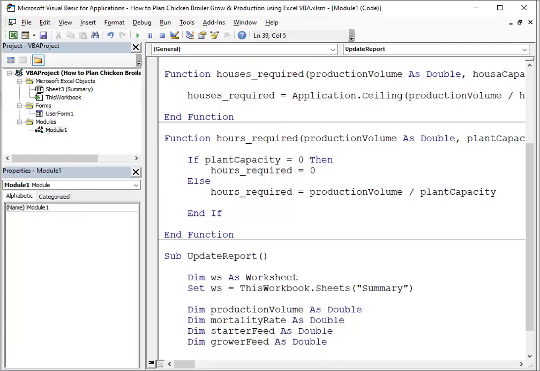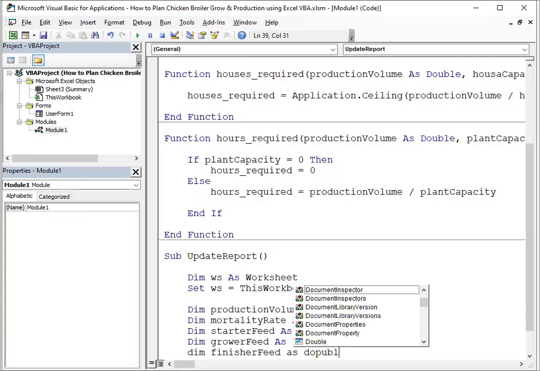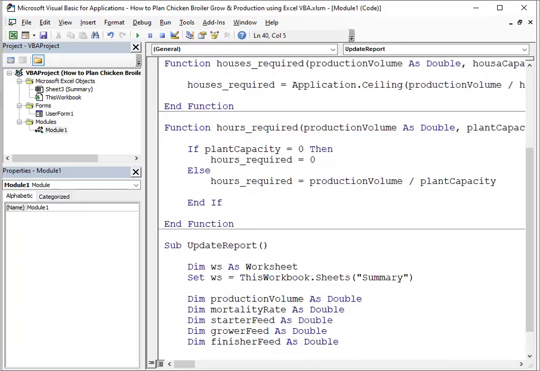You know already the following, the next one would be Dim finisher feed As Double. Then we're going to need the house capacity, so Dim house capacity As Double.